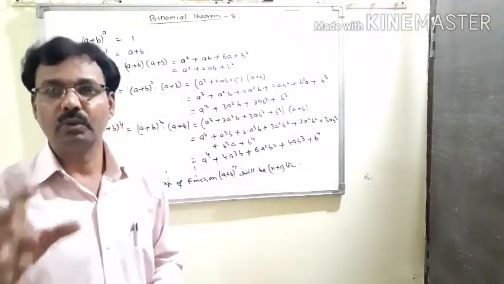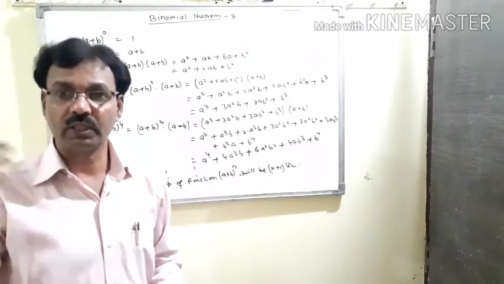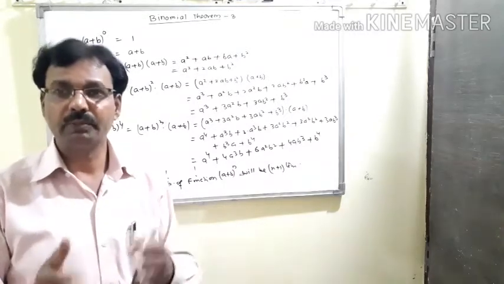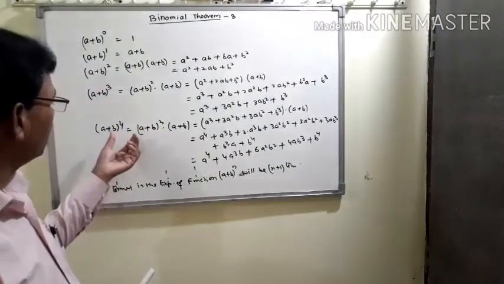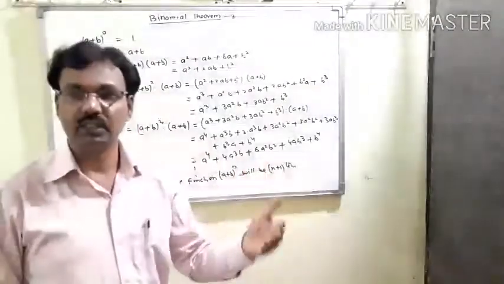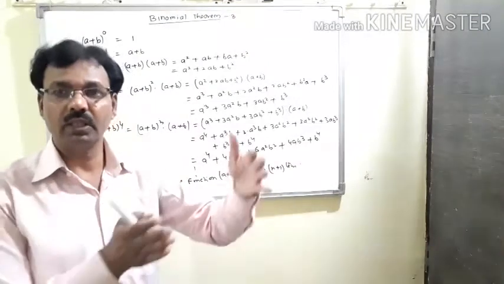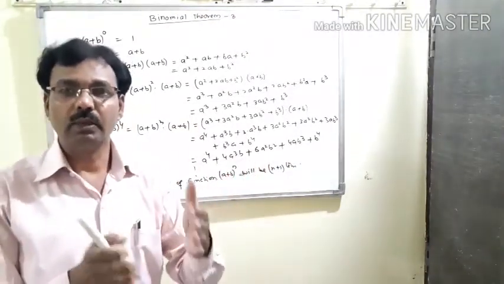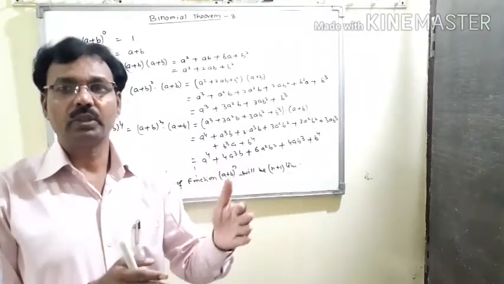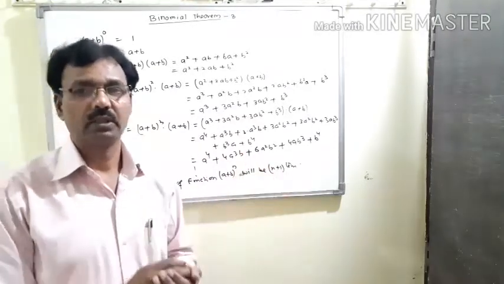If the power is 4, then the number of terms will be 4 plus 1, that means 5. If the power is 15, then the number of terms will be 15 plus 1, that means 16. So the number of terms in the expansion of any such function will be 1 more than the power.